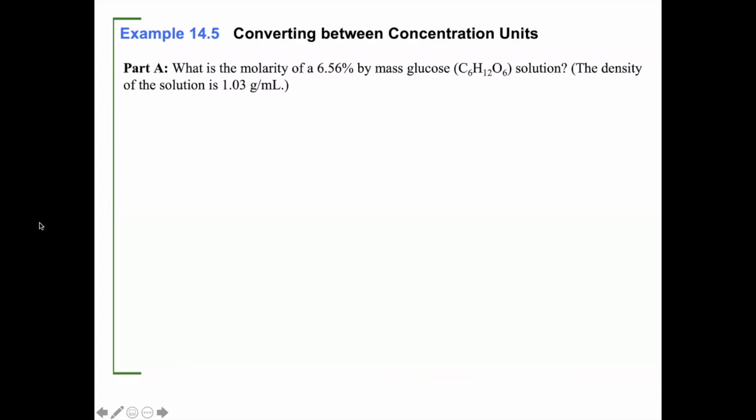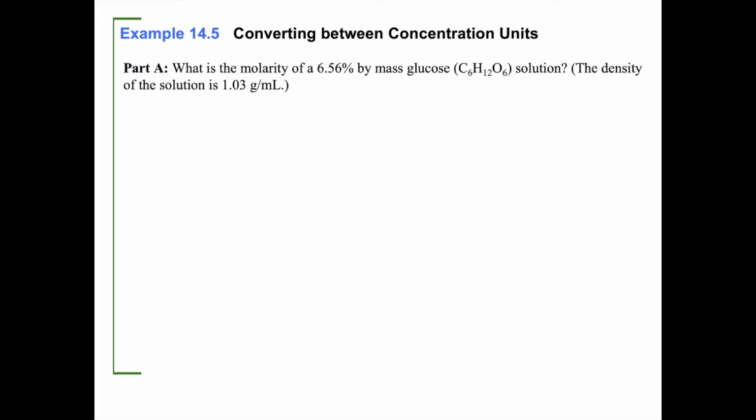Okay, what is the molarity of a 6.56% by mass glucose solution? The density of the solution is 1.03 grams per milliliter. Okay, so it seems that we're given some sparse info, but it's enough to solve this problem. We're trying to find the concentration where we only know what the percentage is by mass, and what the density of the solution is.